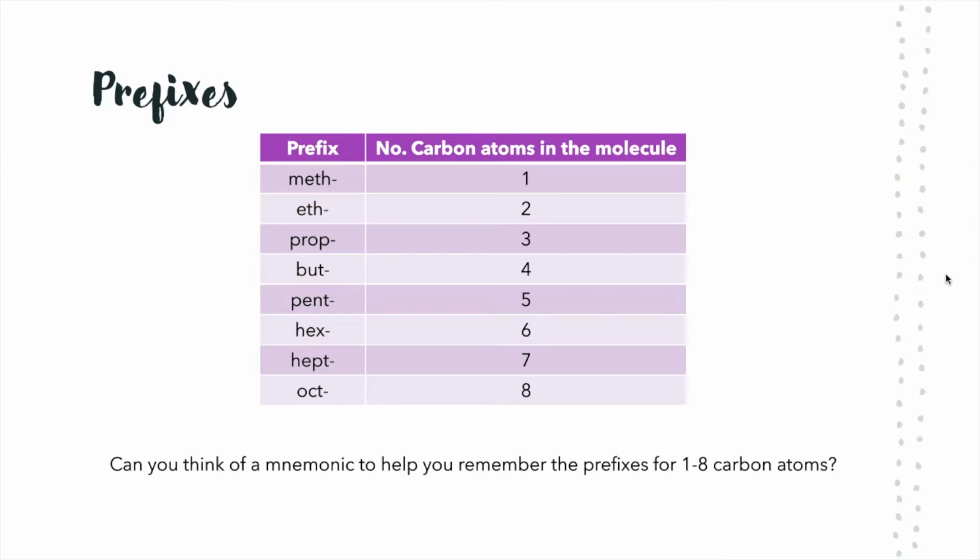A mnemonic that I sometimes find useful is monkeys eat peanuts but prefer hairy haggis occasionally. Now, maybe that doesn't make too much sense to you, but makes sense to me. The point of a mnemonic is it's something that you come up with that helps you remember. So if anyone comes up with anything interesting, let me know.